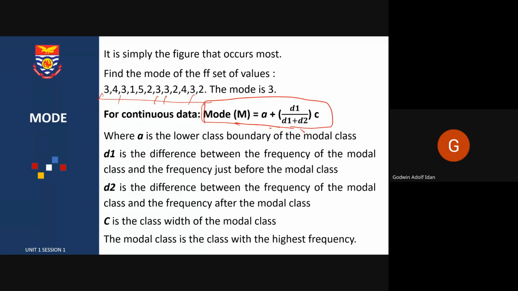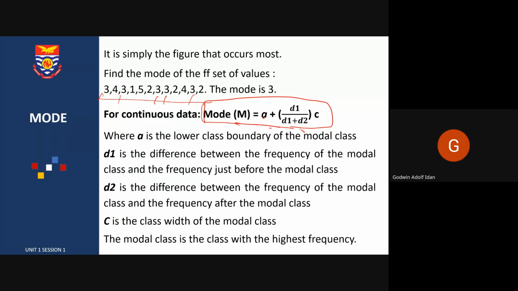With this particular formula, the A here is similar to the L we saw in the median formula, which is the lower class boundary of the modal class. The D1 is the difference between the frequency of the modal class and the frequency just before the modal class. D2 is the difference between the frequency of the modal class and the frequency just after the modal class.